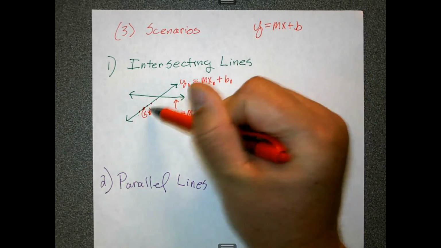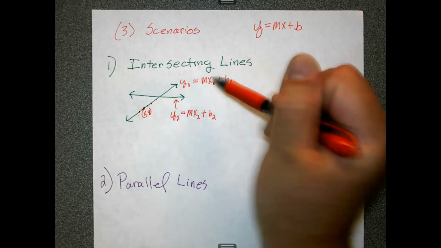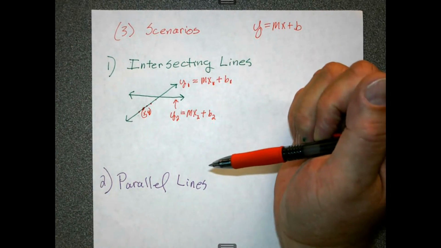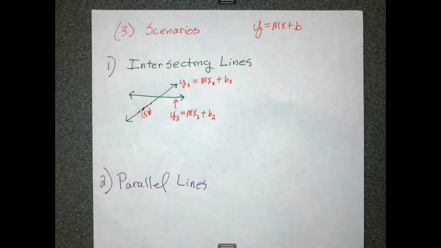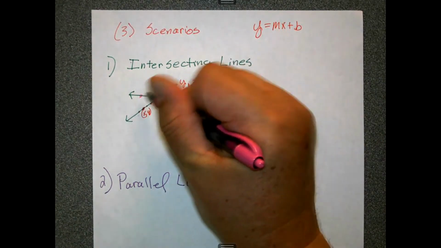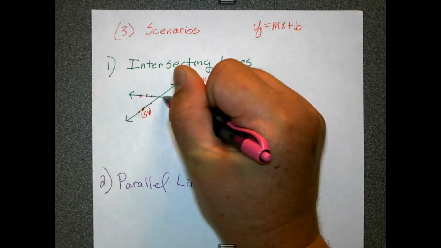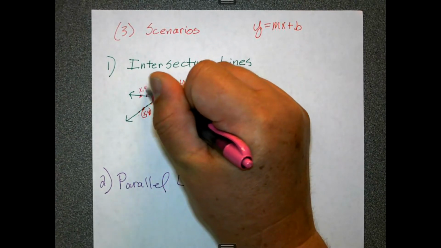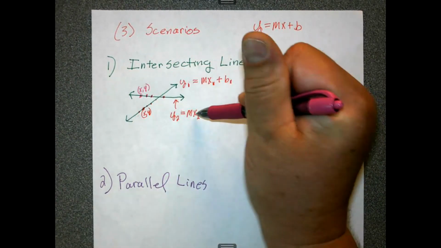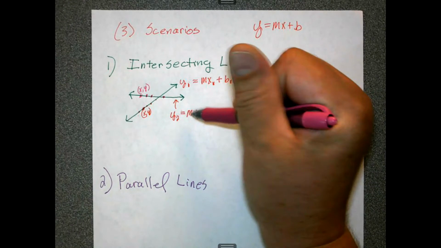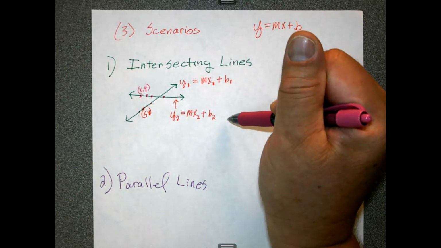Same with this equation. If I take each one of these points, the xy coordinate, and plug in the x for this one and the y for this, it's going to work in this equation.